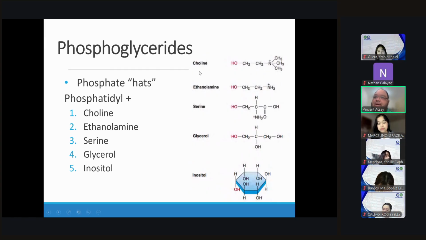When you combine them with your phosphatidic acid, you will have phosphatidyl choline, phosphatidyl ethanolamine, phosphatidyl serine, phosphatidyl glycerol, and phosphatidyl inositol. These are different forms of phosphoglycerides that can comprise your biologic membrane.